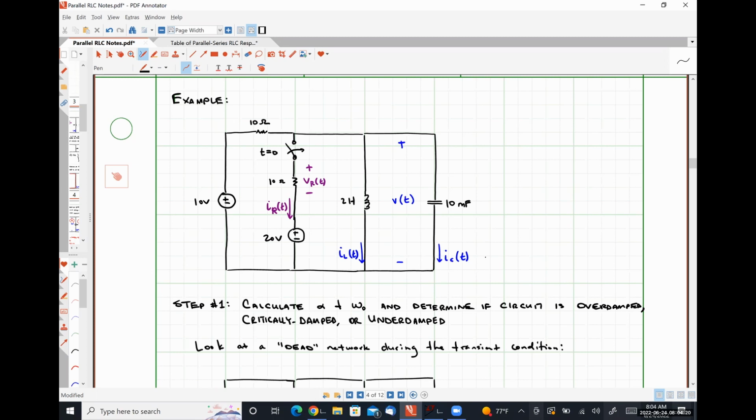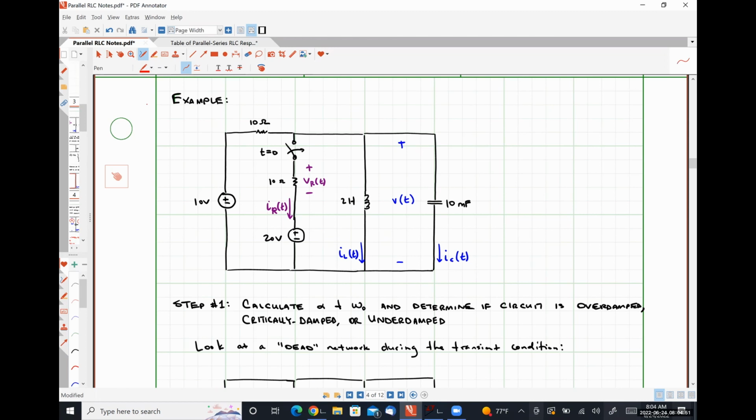So I would argue that the most useful piece of information for us to determine would be the voltage V of t, based on the analysis that we've done to this point. And then once we know V of t, we could solve for VR of t and IR of t.